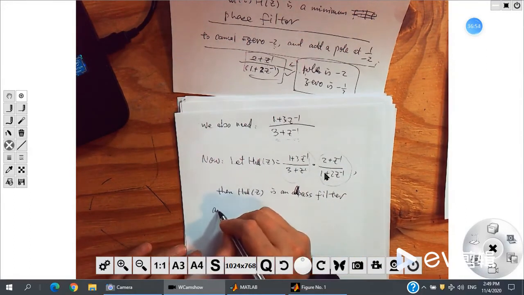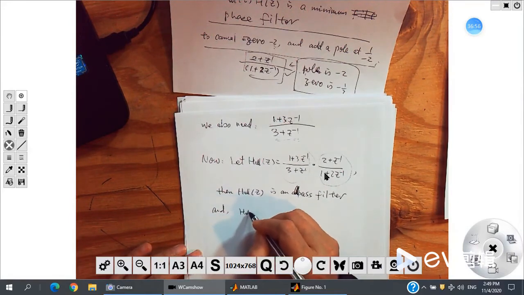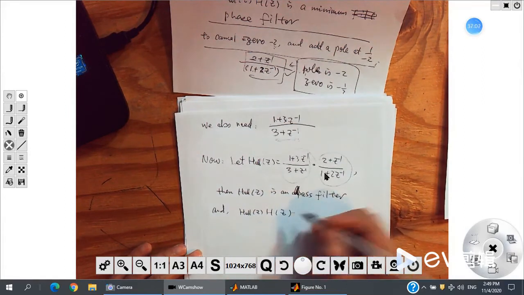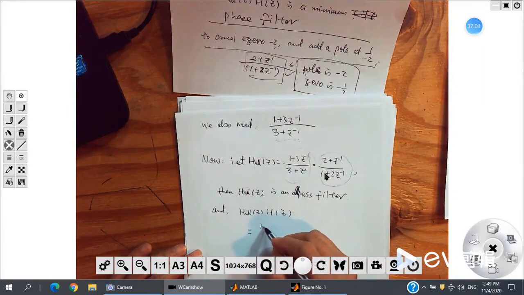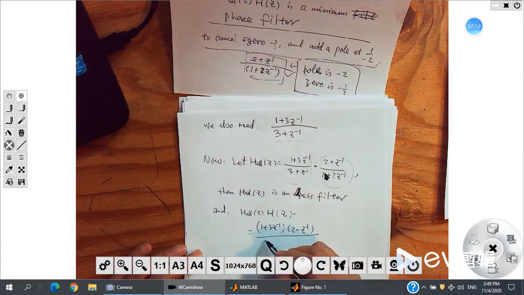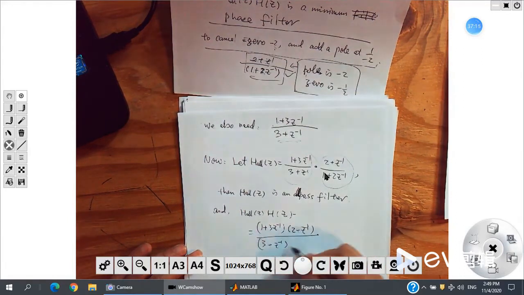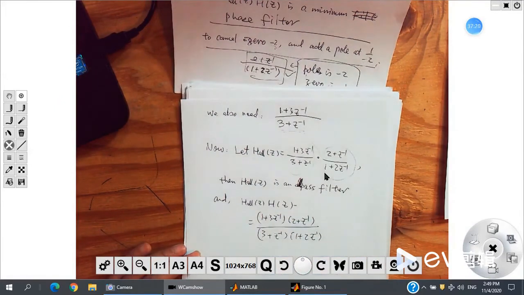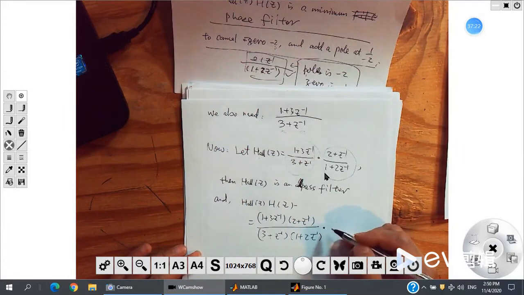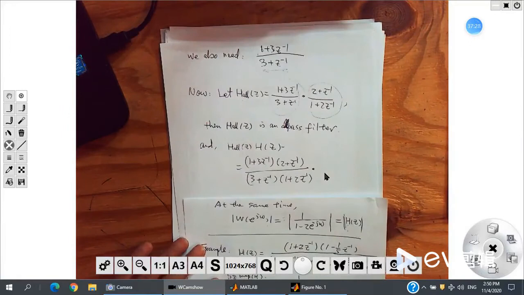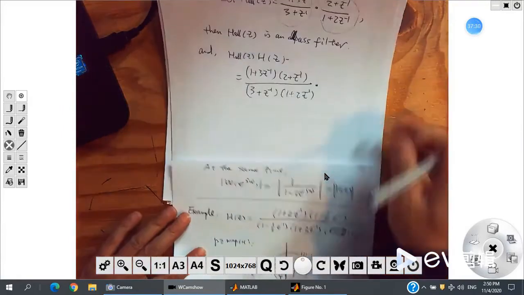And HR of z times the original H of z, what is it? I just plug in. HR is 1 plus 3z to the -1 times 2 plus z to the -1 in the numerator, and the denominator is 3 plus z to the -1 times 1 plus 2z to the -1. Alright, this is HR, and times H. What is H? H is here. I write it here.